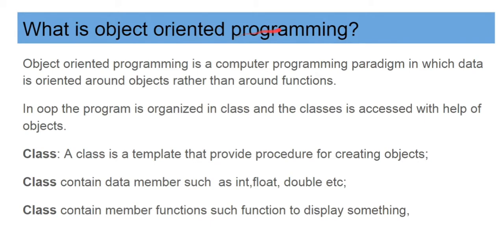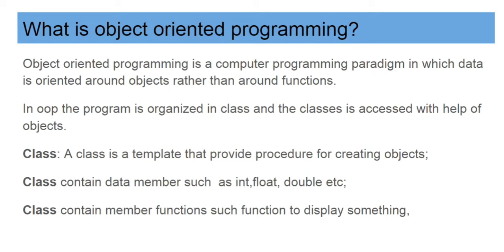Object-oriented programming is a computer programming paradigm in which the data is oriented around objects rather than around functions. Object means real-life things, for example students, persons, everything that you see with your eyes is an object.